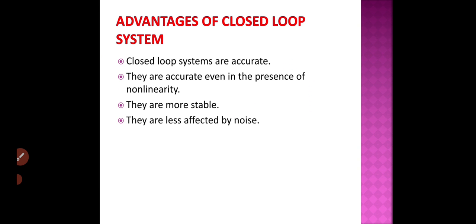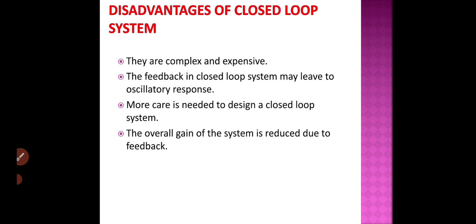And what are the advantages of the closed loop control system? The closed loop control systems are accurate. They are accurate even in the presence of nonlinearity. They are more stable. They are less affected by noise. Disadvantages of closed loop systems: they are complex and expensive.